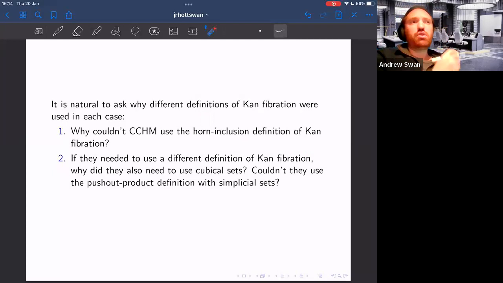Maybe once we've answered this question, they do have to use the pushout product definition. But in that case, this makes perfect sense in simplicial sets, and is even one of the classical ways to characterize Kan fibration. So why couldn't they use simplicial sets instead of cubical sets?